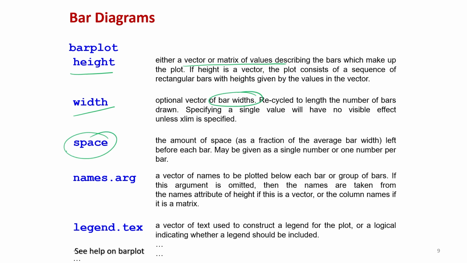Space similarly controls the amount of space, as a fraction of the average bar width, on the left side of each bar. Similarly, names.arg is another option, which is a vector of names to be plotted below each bar or group of bars. Similarly, legend.text is another vector of text used to construct a legend for the plot, or a logical indicating whether a legend should be included or not.